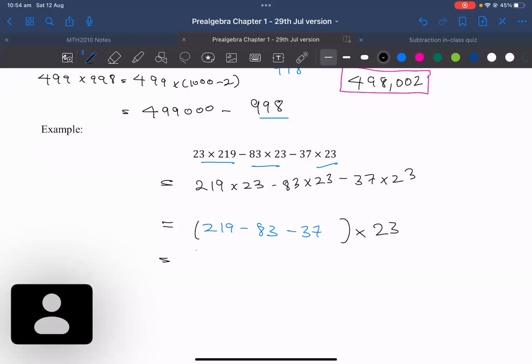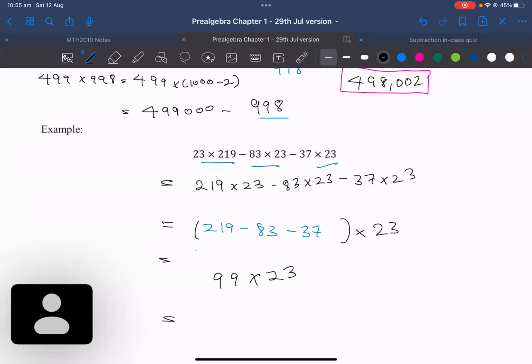You can do long subtraction. Is it 99? Good. 99 times 23.